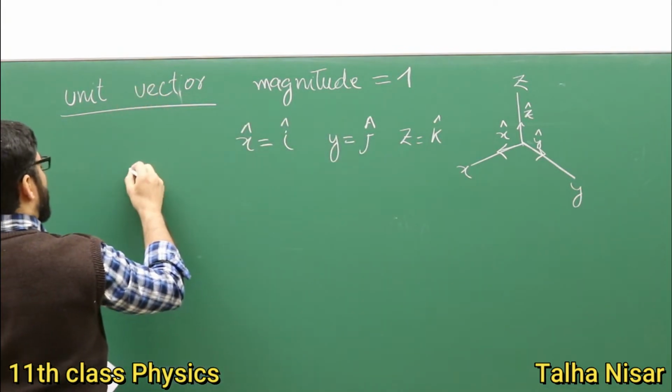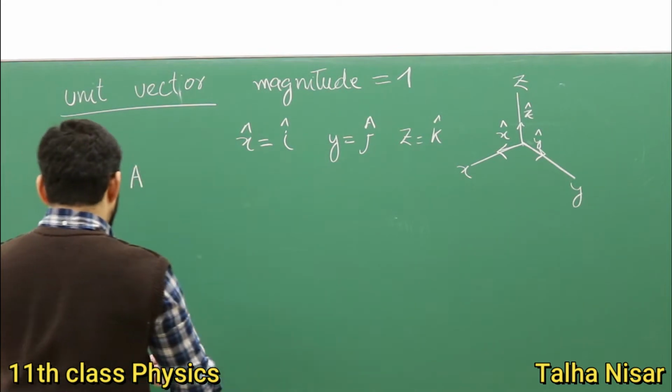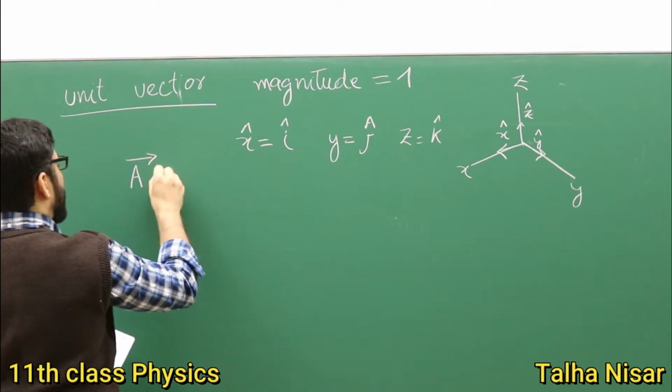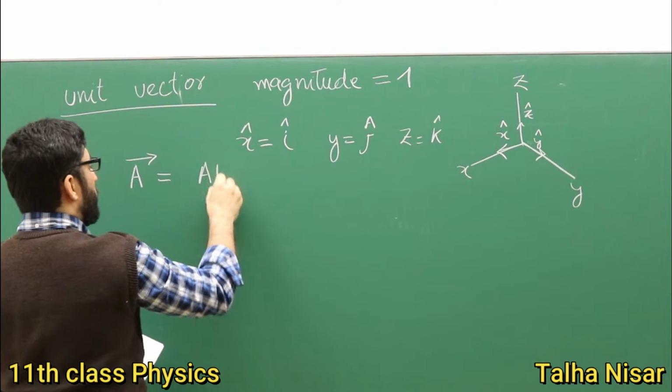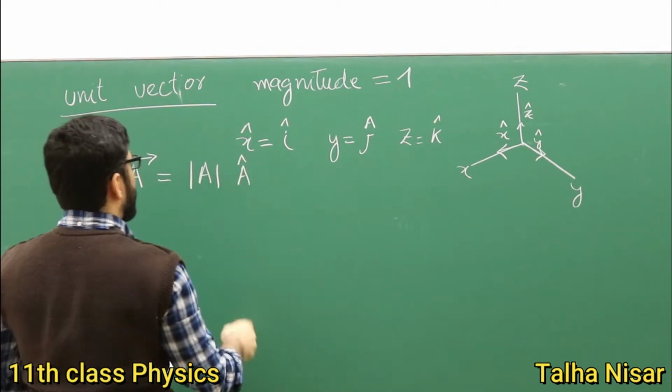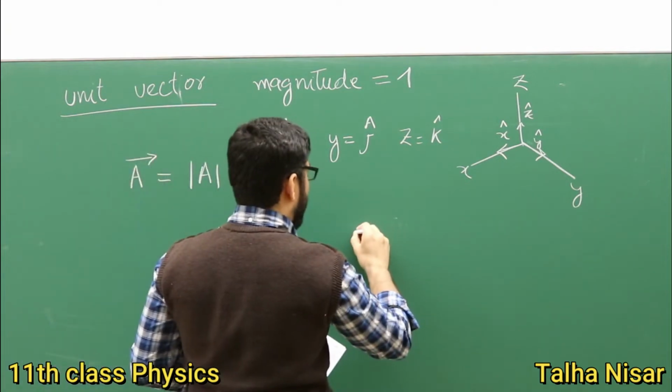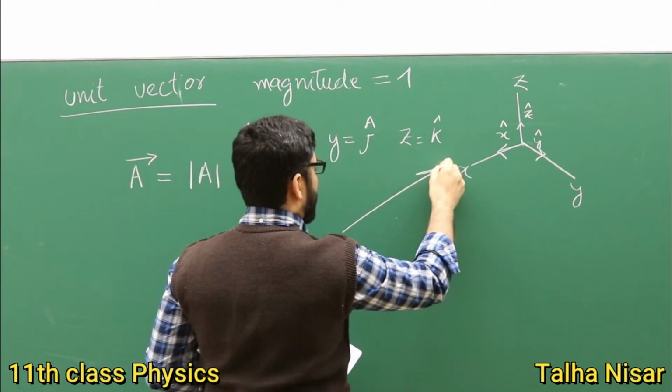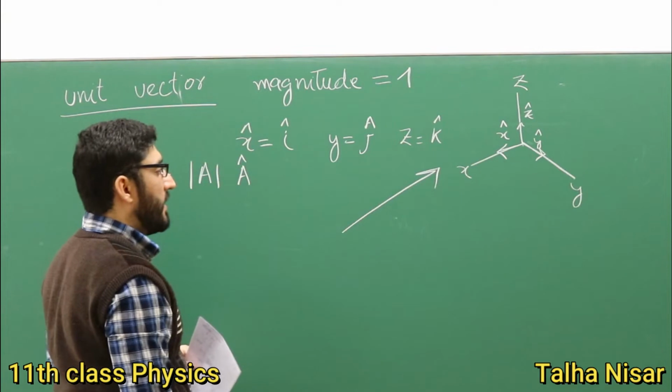Now the unit vector. We know that a vector has a magnitude and also a direction. For example, we have a vector which is represented graphically by a straight line.